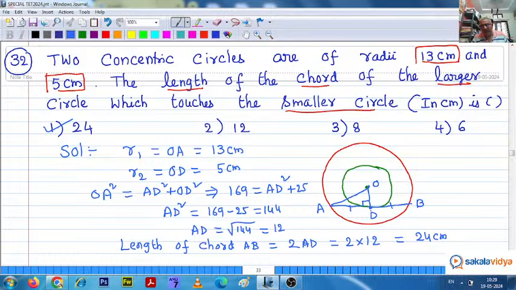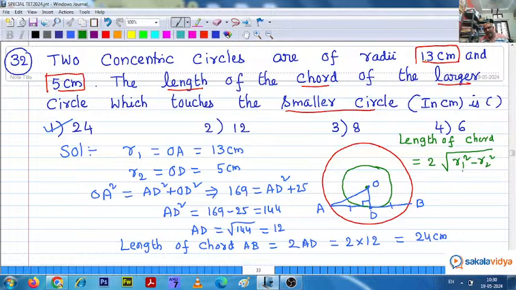But how to solve the same problem in a fraction of seconds without paper and pen? That is very important. Without paper and pen, simply remember, say this is R1, this is R2. The length of the required chord is equal to 2 times square root of R1 square minus R2 square.